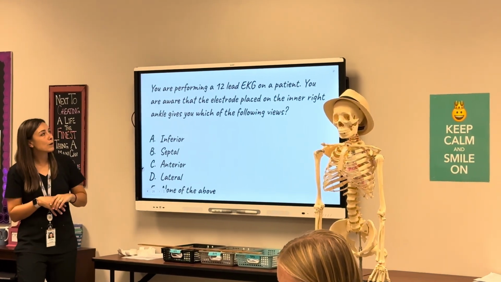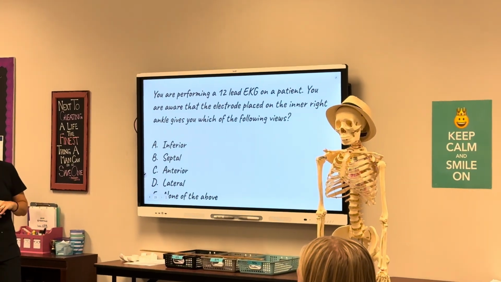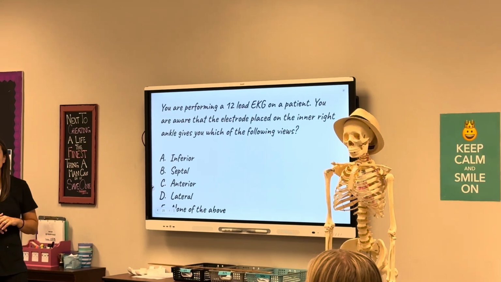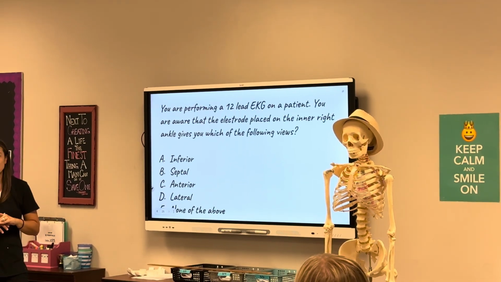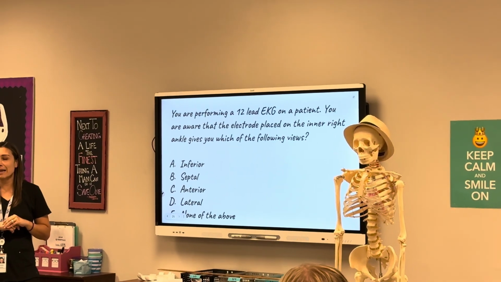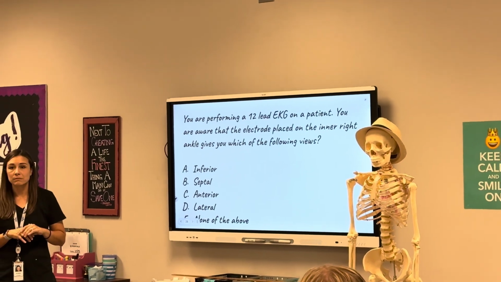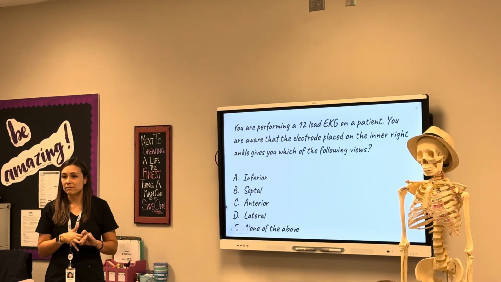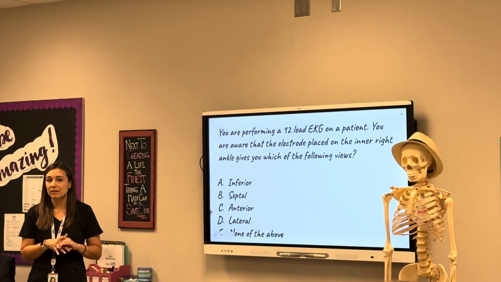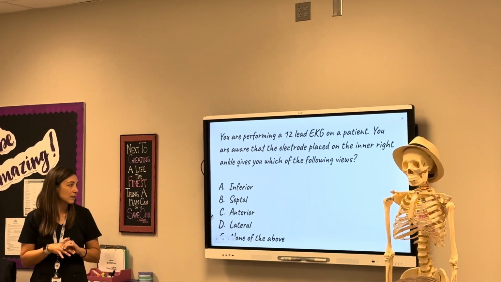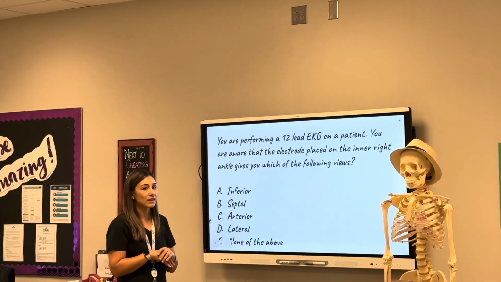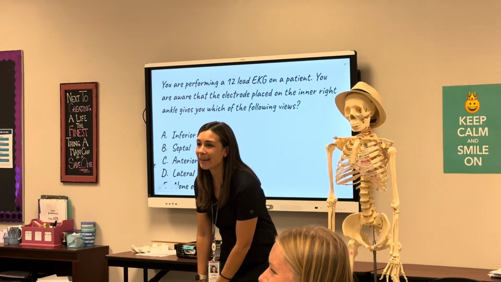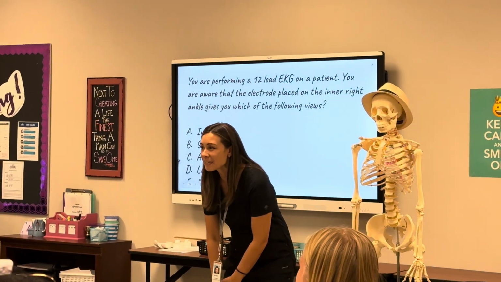All right. You are performing a 12-lead EKG on a patient. You are aware that the electrode placed on the inner right ankle gives you which of the following views or leads? Most of y'all did not fall for the trick.